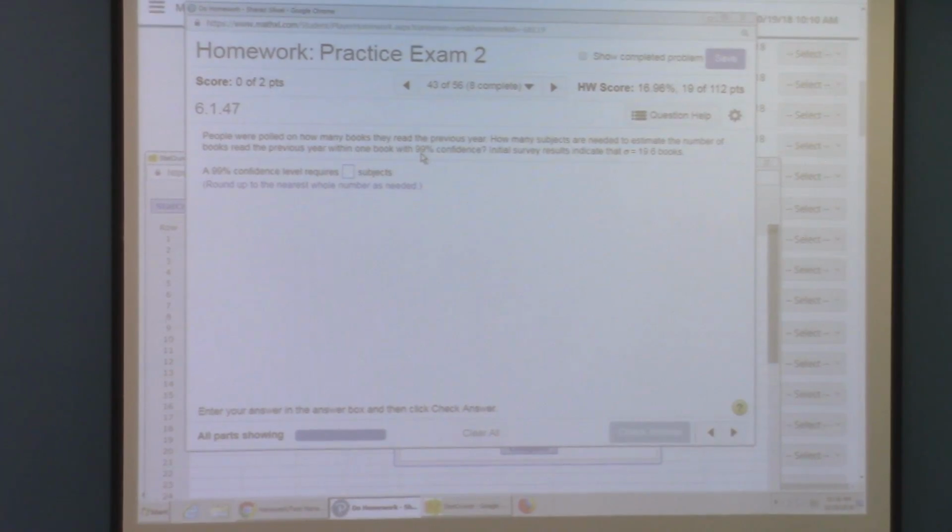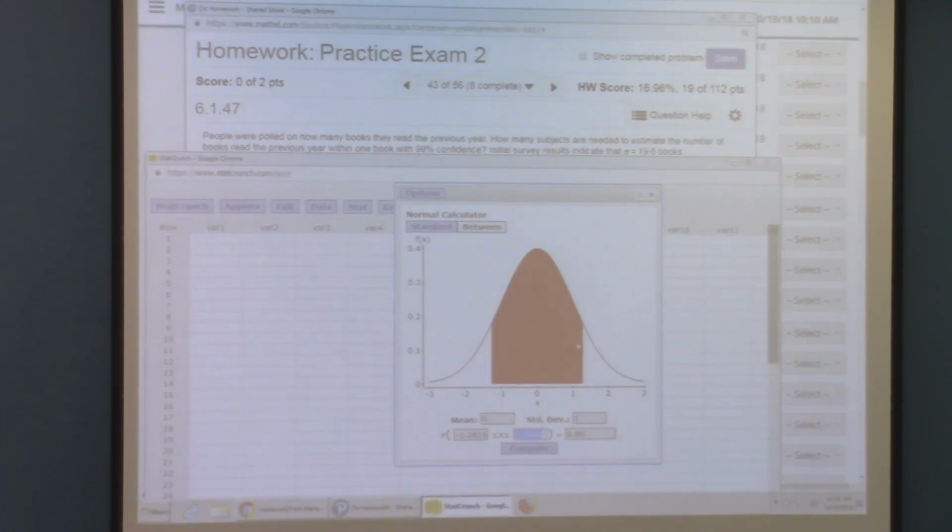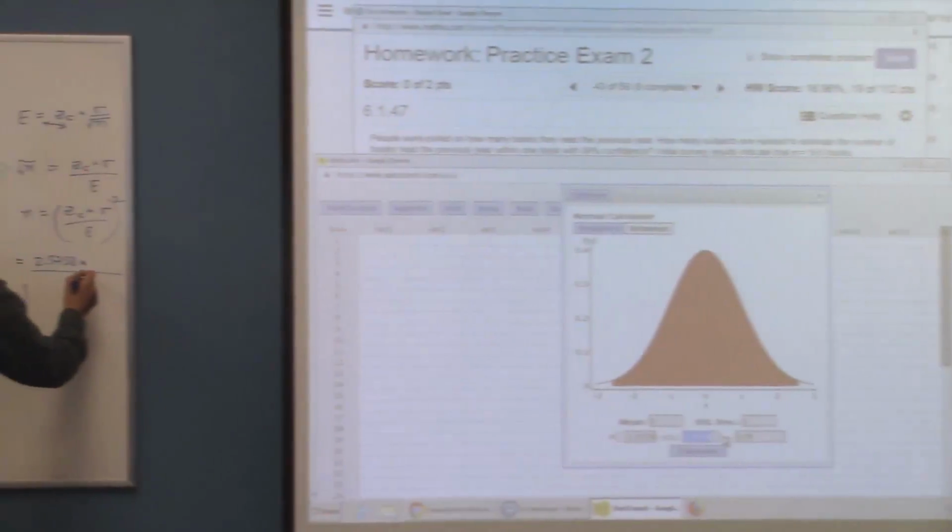So first thing, let's find the critical value corresponding to 99% confidence. So that is just putting 99 here. So it's 2.5758, right? And then once you find that critical value, come back here and do the computation by hand or using your calculator. So it's 2.5758 times, what was the margin of error?